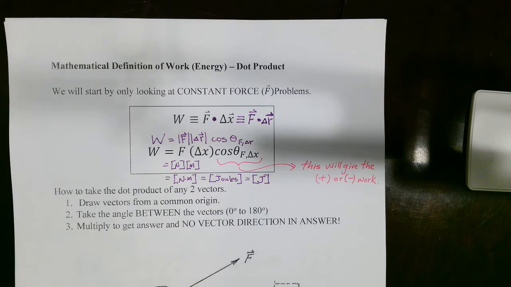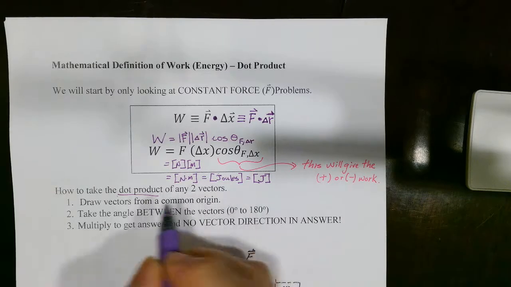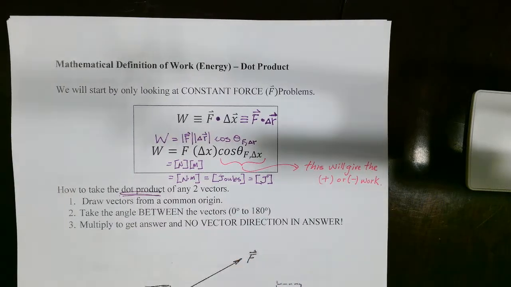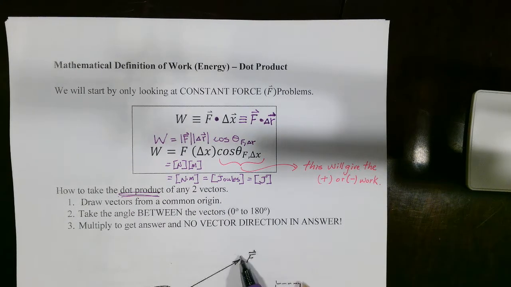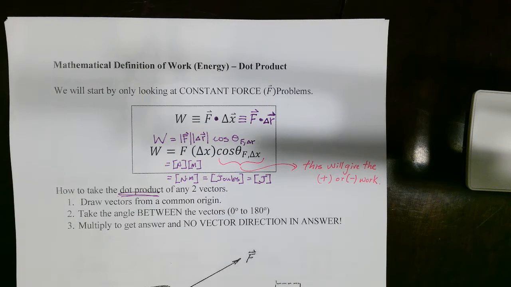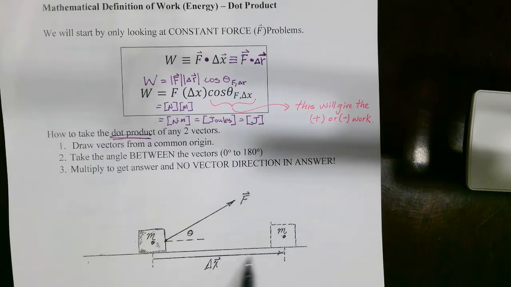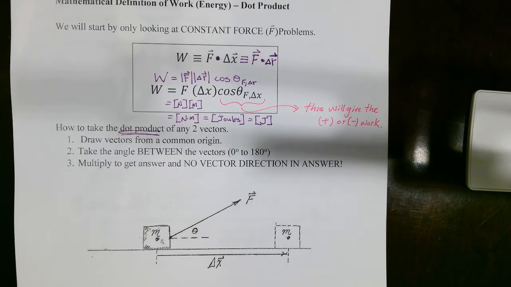So, how to take the dot product of any two vectors. We should know this, but quickly. Here, I have two vectors. We have a force vector and we have a displacement vector, displacement vector delta x because it's along the x direction.